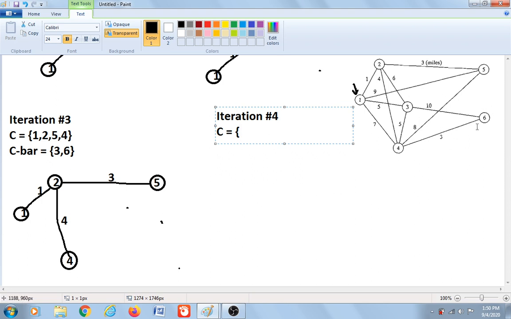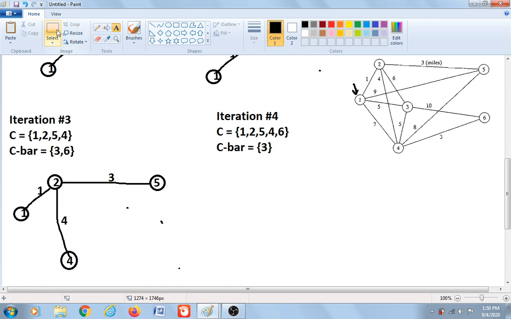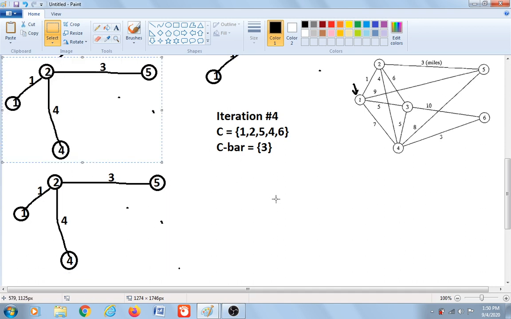So I need to add node number 6 to the C. So it will be 1, 2, 4, 5, and 6. Okay, and my new C bar is that will be 3, the only one. Okay, so what is my updated tree? This. Okay.